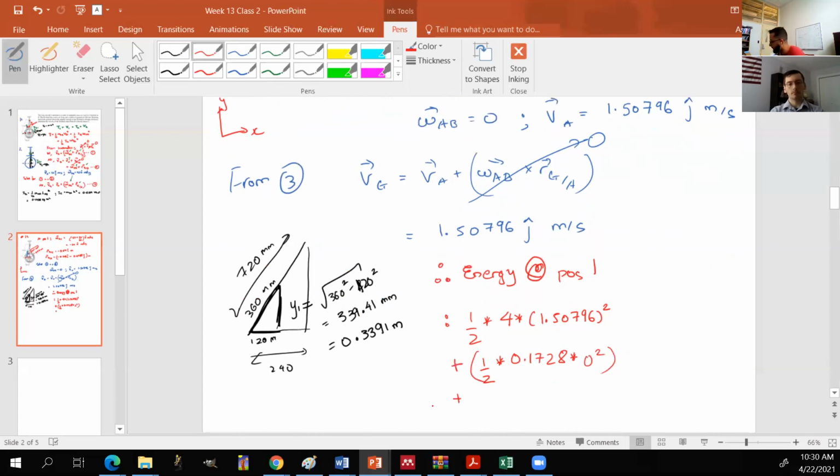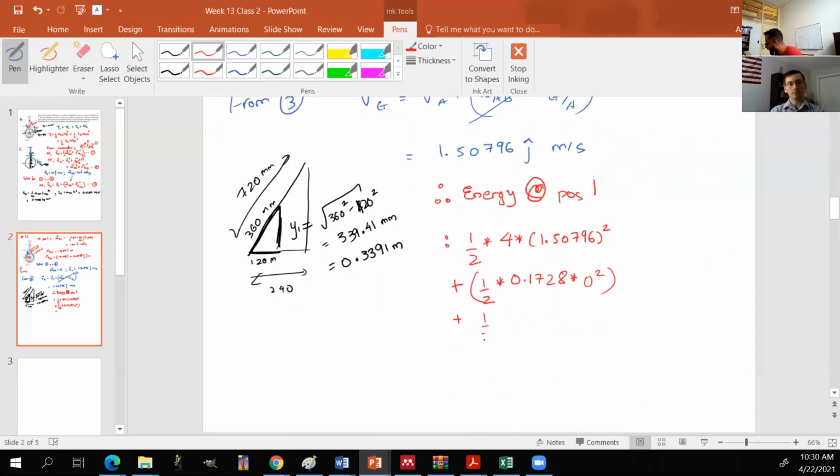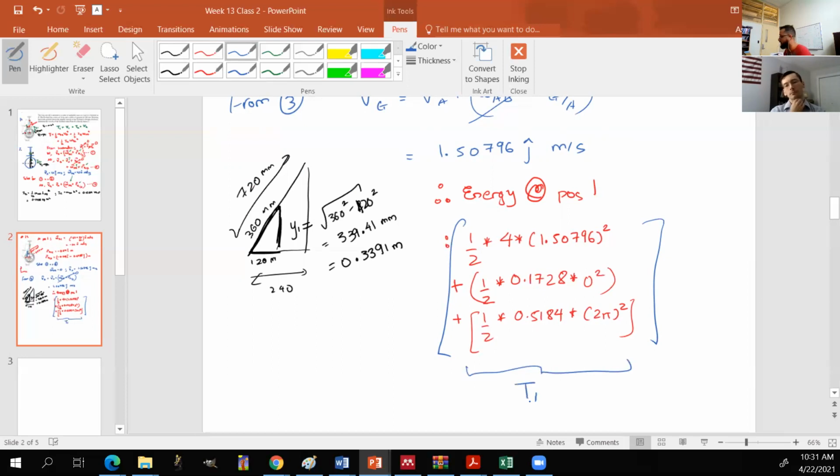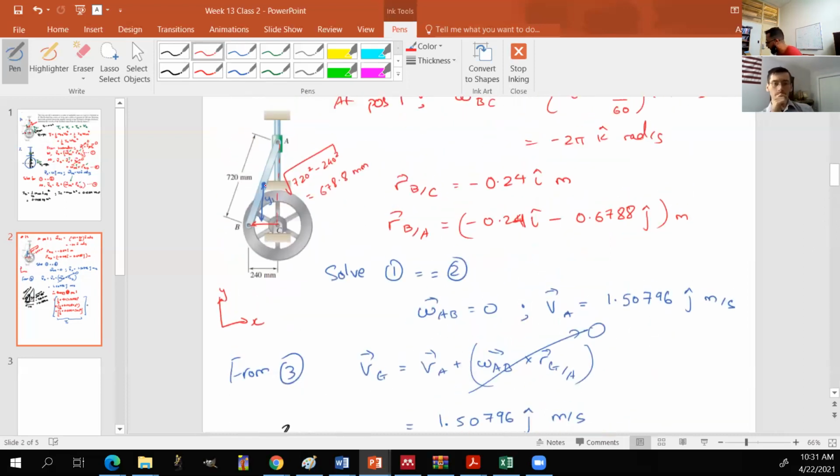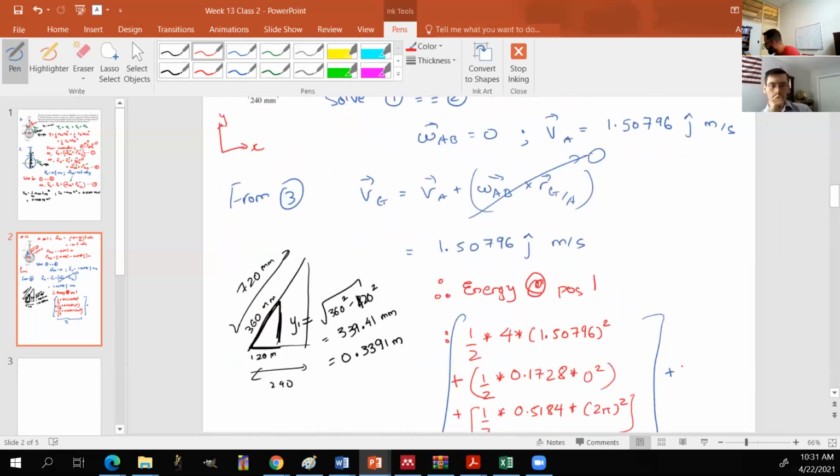Plus 1/2 times IC, which is 0.5184 kilogram meter squared, times omega BC, 2 pi, squared. This is T1, the sum of these 3 terms. Plus you have your potential energy of the rod AB due to Y1, which comes out to be mg Y1.